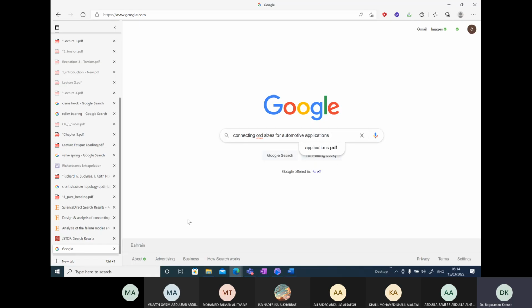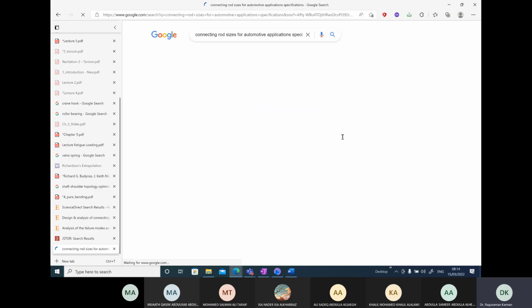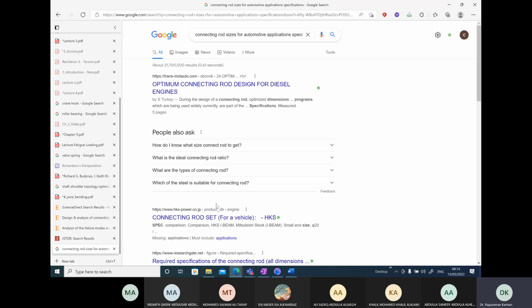One second, I think I typed it wrong here. Specifications. You can just Google search, and you will see many applications for different kinds. For example, diesel engines here. You may in fact get some brochures from existing industries.